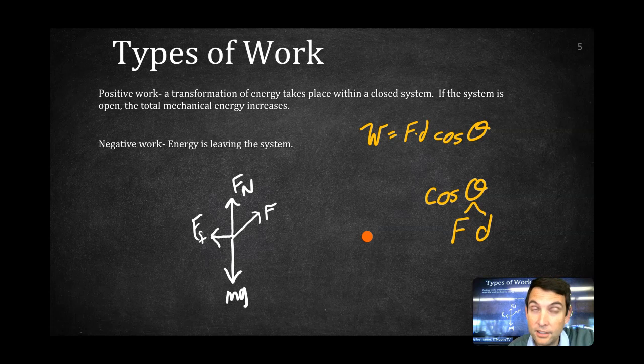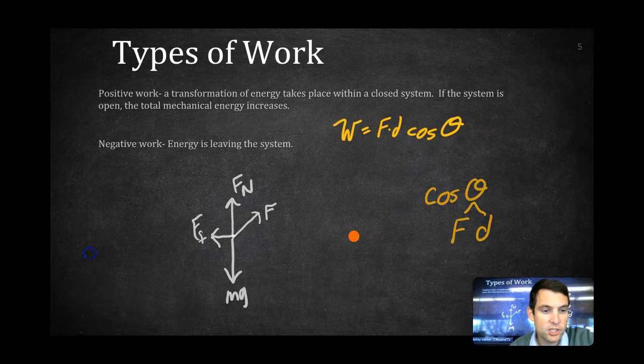Cosine of 90 degrees equals 0. So the normal force does no work, the weight force does no work, and the frictional force is going to be doing negative work, while F has a horizontal component and a vertical component. The vertical component is still acting perpendicular to the displacement, so it does no work, while the horizontal component of F is doing work in the same direction as displacement.